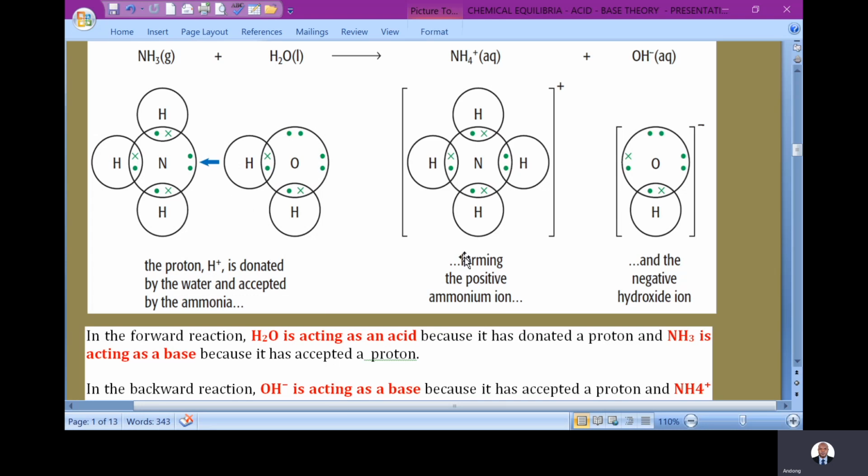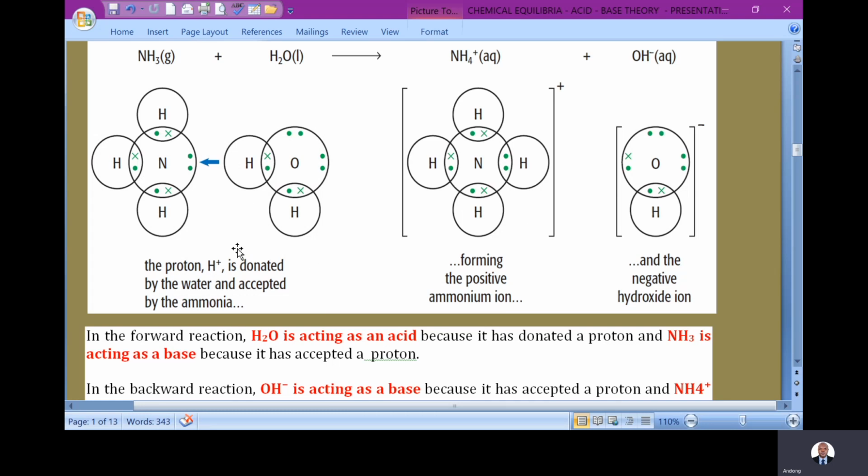In the backward direction, between ammonium and hydroxide ion, the ammonium ion donates a proton to the hydroxide ion. The ammonium ion that donates a proton is an acid, and the hydroxide ion that accepts the proton is a base. So we can now say in the forward direction, water is an acid and ammonia is a base.